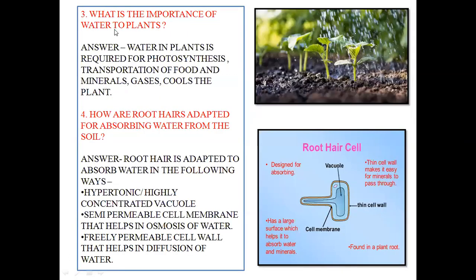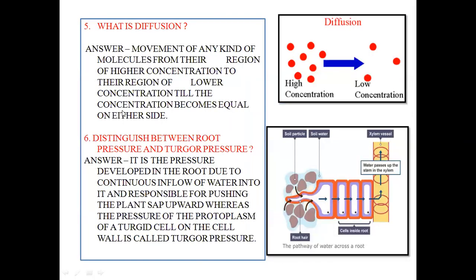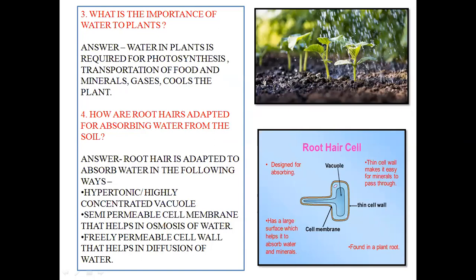Next is, what is the importance of water to plants? As we know, water is an important component of photosynthesis. Now the food that is produced by photosynthesis is glucose, which needs to be transported to the different parts of the plant, and it is done with the help of water.